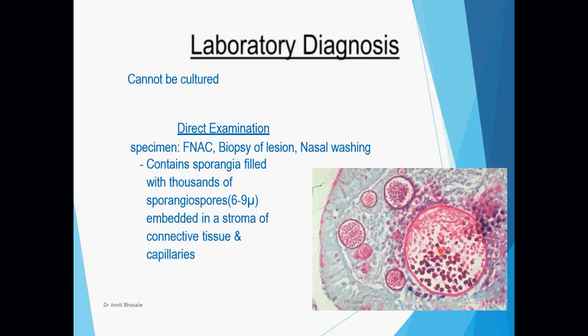Sporangiospores have a diameter of 6 to 9 micrometers, embedded in a stroma of connective tissue and capillaries. So this is the microscopic feature of the typical lesion of rhinosporidiosis polyp. These are other sporangia containing sporangiospores inside.